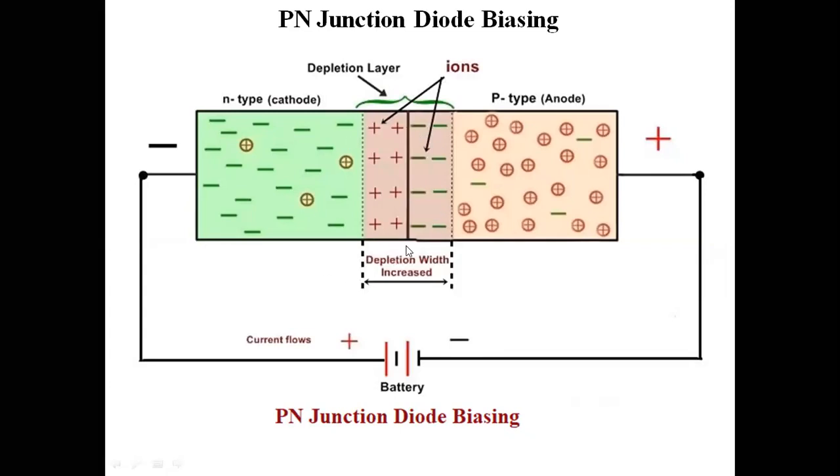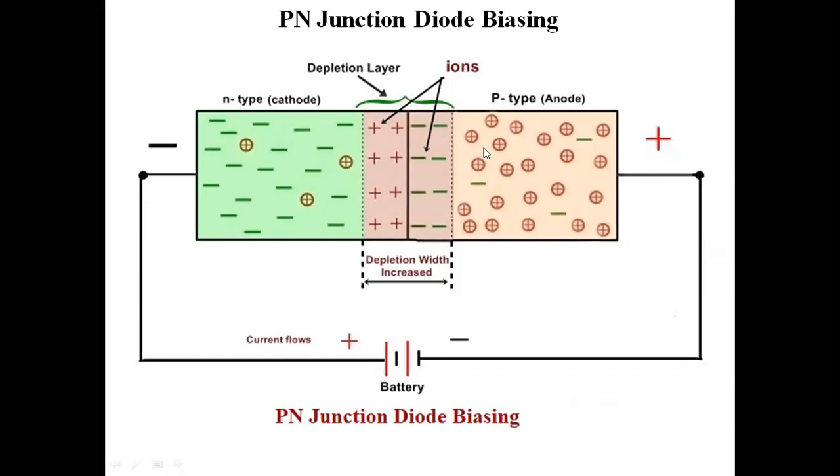Let us assume this diagram is in forward bias condition. Then the depletion region, in forward bias condition, all the charge carriers will diffuse in this direction. By applying voltage, the depletion region shrinks, and all the charge carriers flow very freely across this junction.